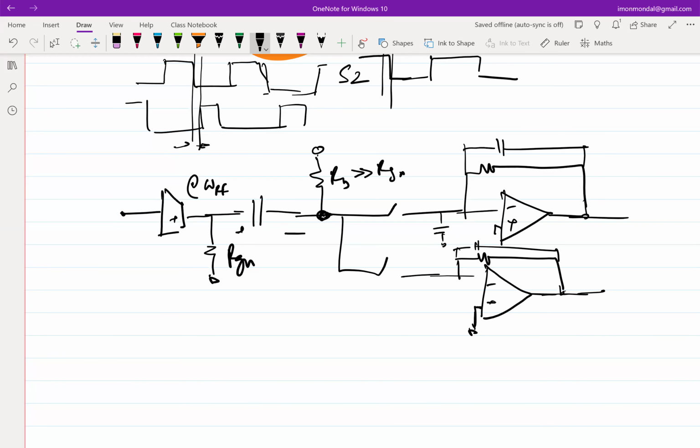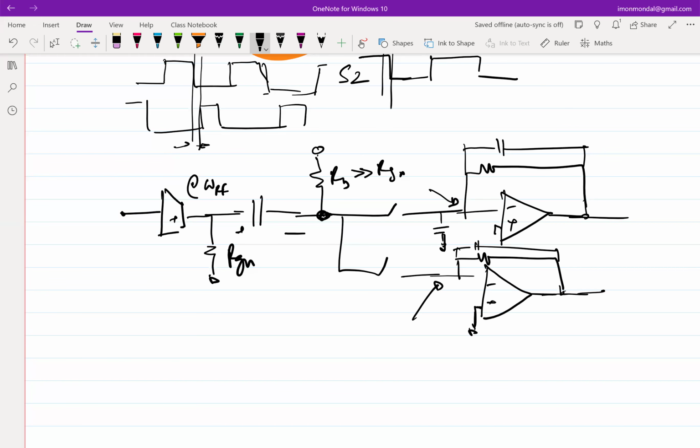So in this case, the op amp also needs some biasing, right? So you want some bias voltage here, you want some bias voltage here for the op amp to operate, right?